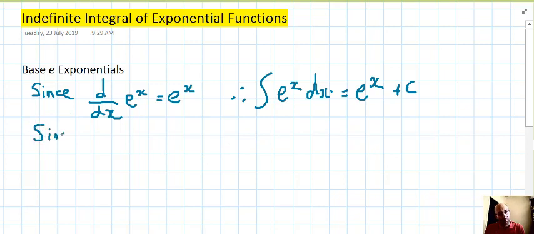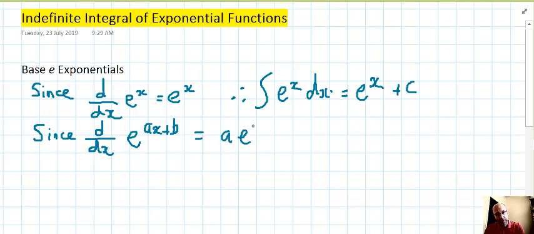So if we have something a little bit more complex, if we have the derivative of e to the ax plus b, so the exponent is a linear function, the derivative of that was a e to the ax plus b from our previous work.